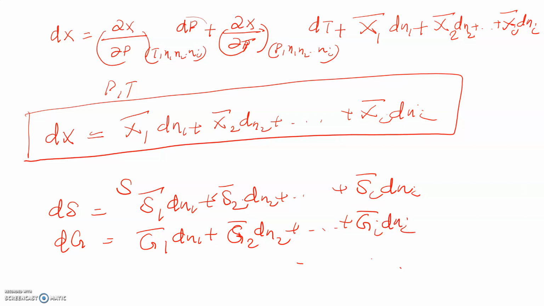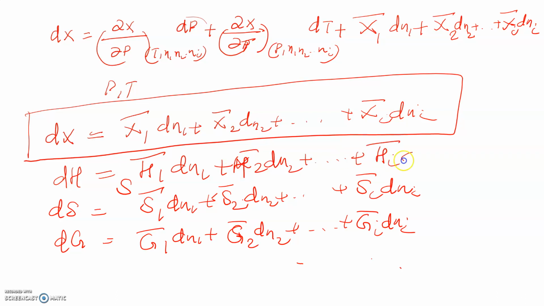If we are considering enthalpy, then the equation is dH is equal to H bar 1 into dn1 plus H bar 2 into dn2 plus etc. H bar I into dni.